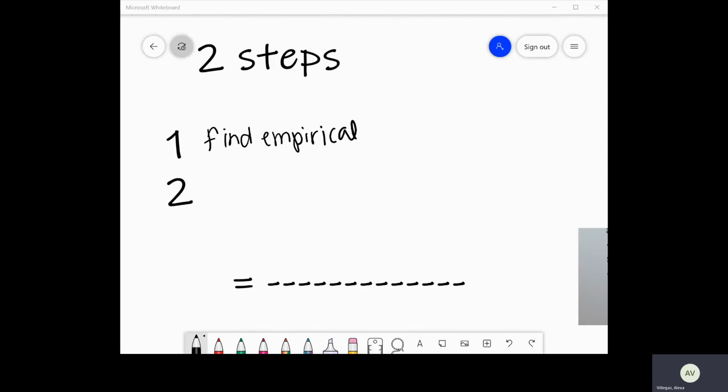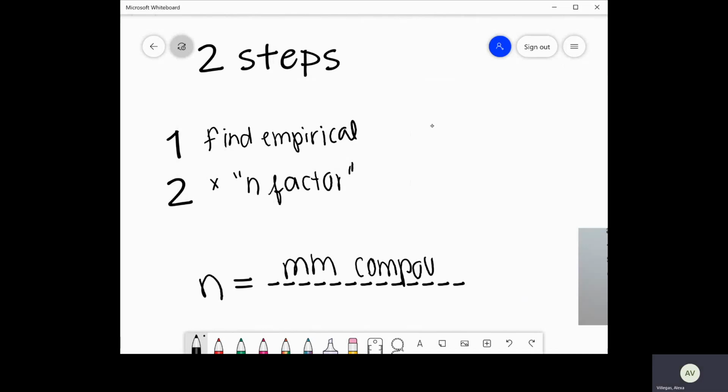And once you do that, step 2, you're going to multiply your empirical by what we call the N factor. And the N factor is going to be the molar mass of your compound divided by the molar mass of your empirical formula.